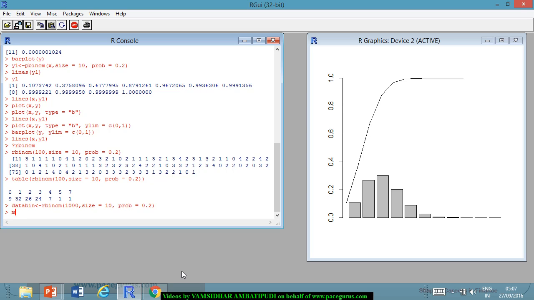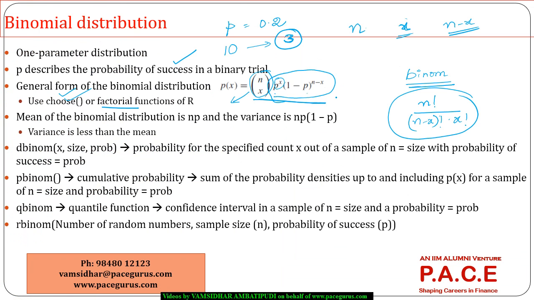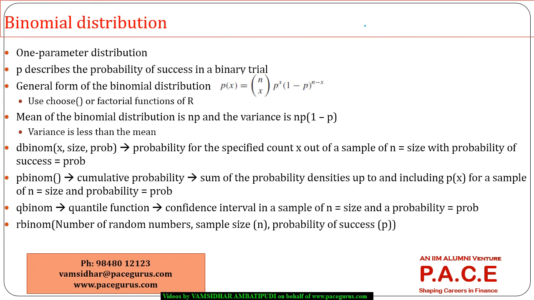So let me take the mean of this data bin. The data bin, I'll take the mean of it, 1.93. So approximately equivalent to 2. Because we are theoretically saying that it is equal to NP.